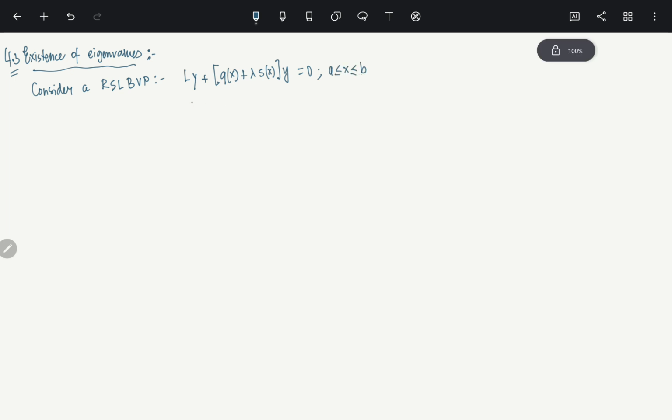And the boundary conditions: alpha 1 times y at the point a plus alpha 2 times y prime at the point a is equal to 0, and beta 1 times y at the point b plus beta 2 times y prime at the point b is equal to 0. Remember the conditions: alpha 1 squared plus alpha 2 squared not equal to 0, and beta 1 squared plus beta 2 squared not equal to 0.